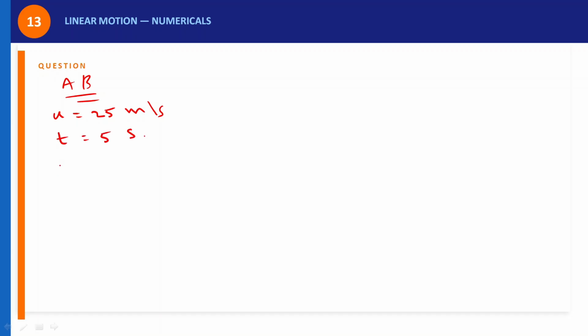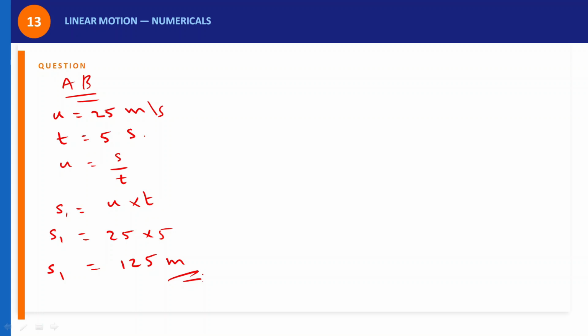So formula directly, we have speed equal to distance by time, then distance, I will take here s1, equal to speed into time. s1 equal to 25 into 5. s1 equal to 125 meters.